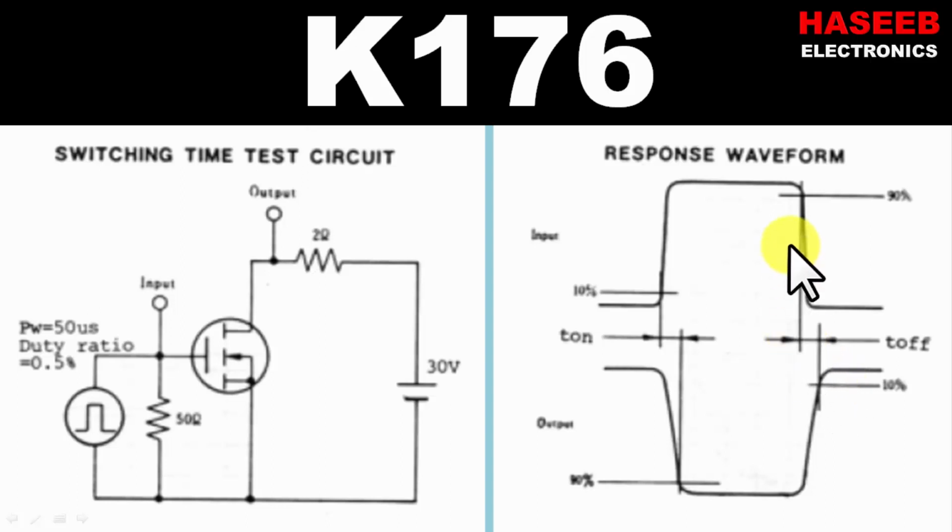So the time difference between 90% of the trailing edge and 10% of the rising edge should be less than 90 nanoseconds. Same as here, from the zero line to the starting edge, the rising edge, from 10% to 90% of the trailing edge, this time must be less than 250 nanoseconds.